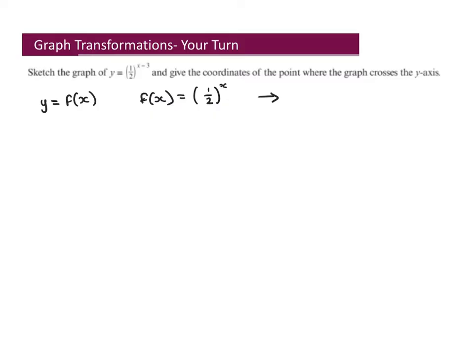So, similarly here, our function is f of x minus 3. Okay, so that means it is a translation, and we're moving it this time to the right 3 units. So it's a translation by the vector (3, 0).